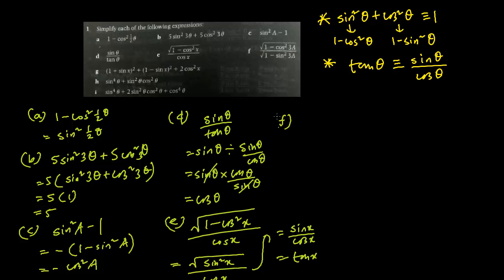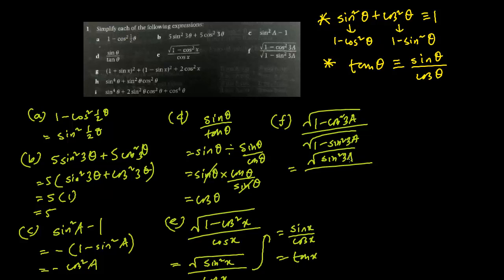Question number F. Square root of 1 minus cos squared thrice a divided by square root of 1 minus sine squared thrice a. Now 1 minus cos squared is sine squared. So square root of, we can write here sine squared thrice a divided by square root of 1 minus sine squared is cos squared.